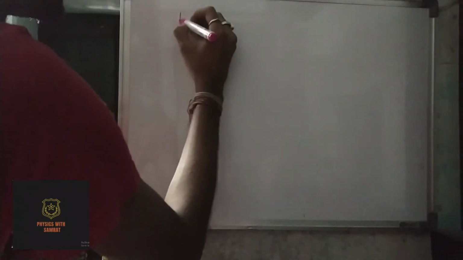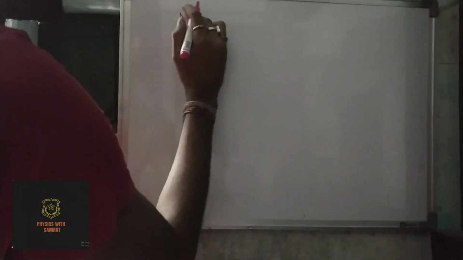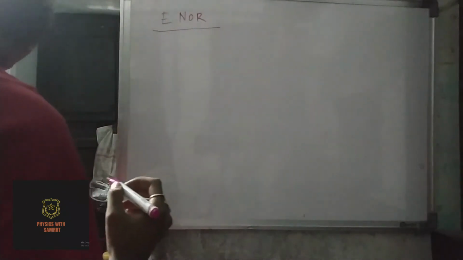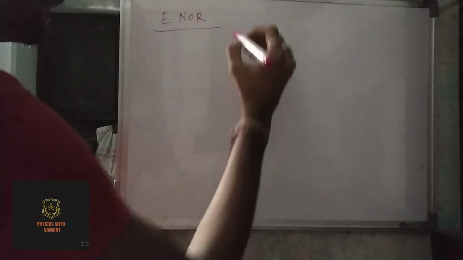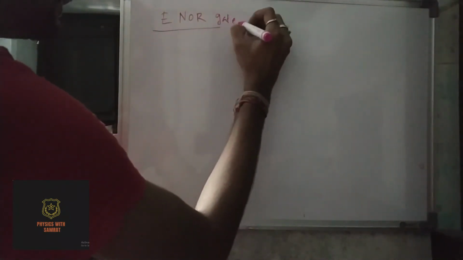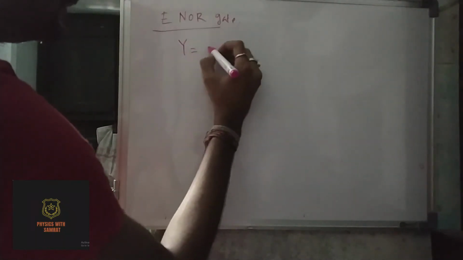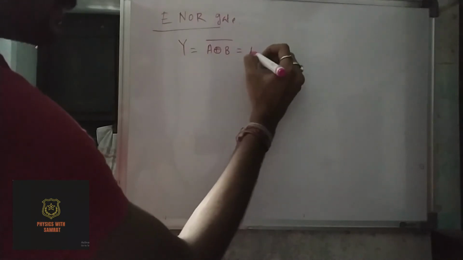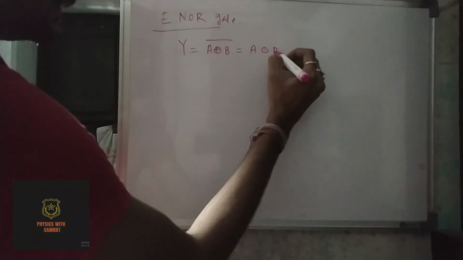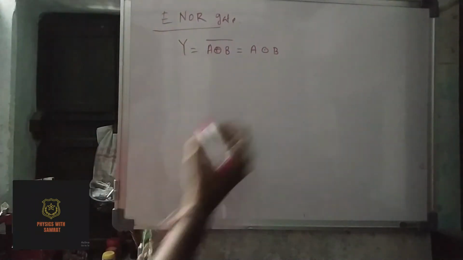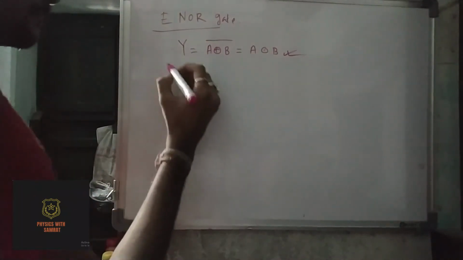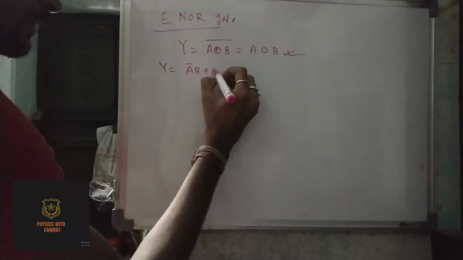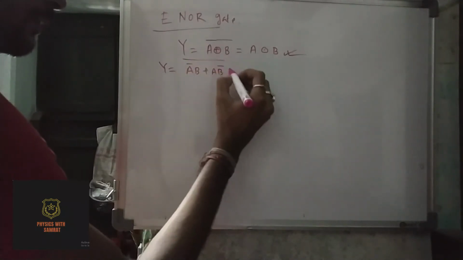Now we will go for the XNOR gate, exclusive NOR gate. But this will be the complement of the exclusive OR gate, and this is written in this way: A bar B plus A B bar, whole bar.